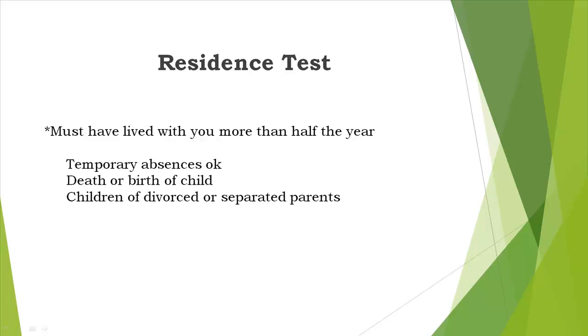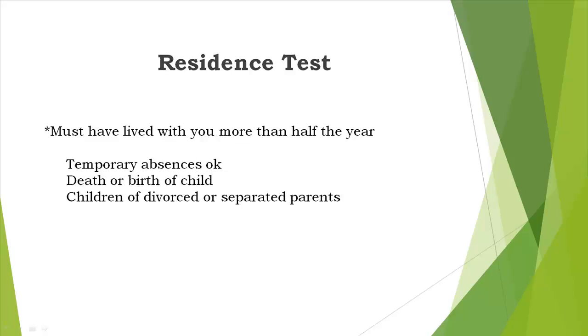The last thing with the residency test is children of divorced or separated parents. I'll talk briefly about this, and more than likely we'll do a separate video because it gets a little bit more in detail. But typically the child is considered the qualifying child of the custodial parent. However, there are exceptions to the rule, and again, we'll talk about that in more detail.